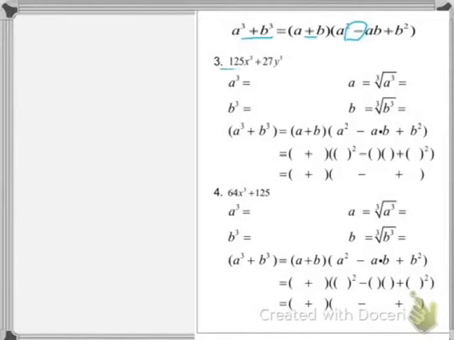Then you want to find 125x cubed and 27y cubed.